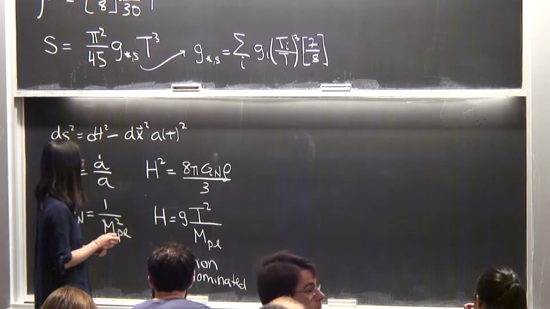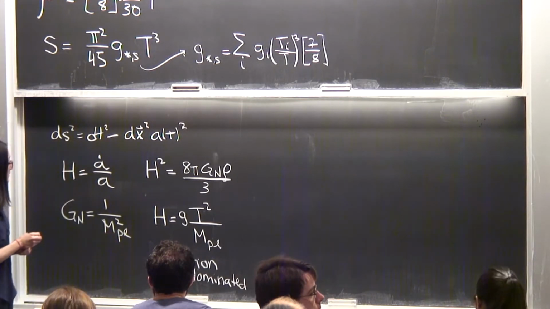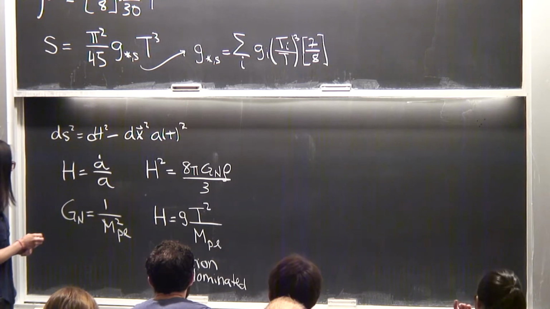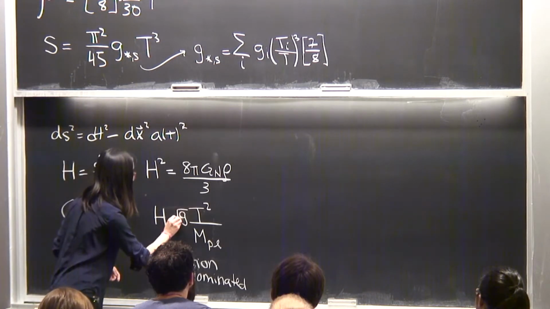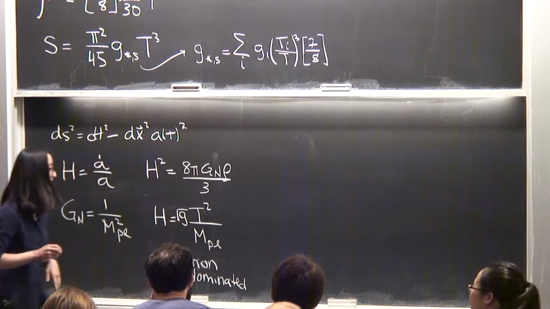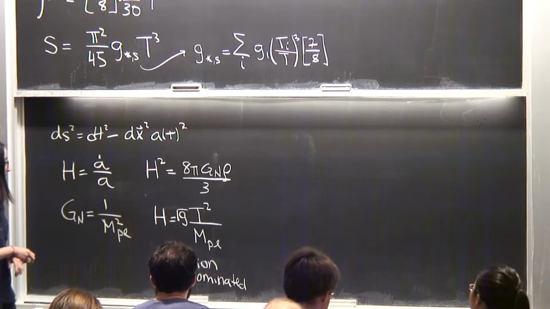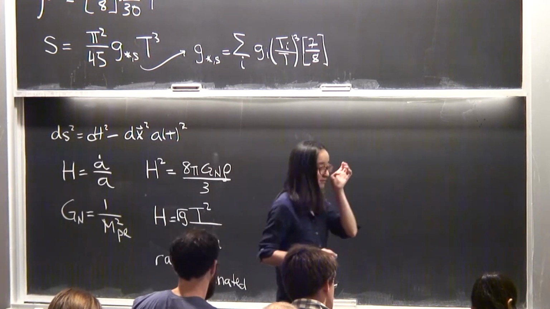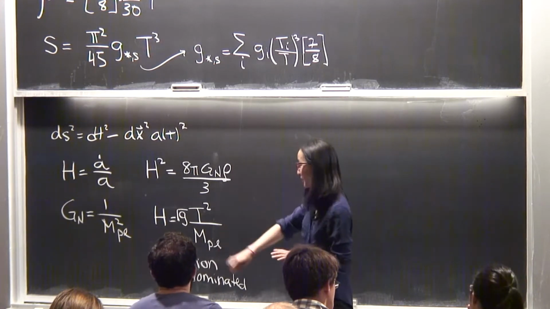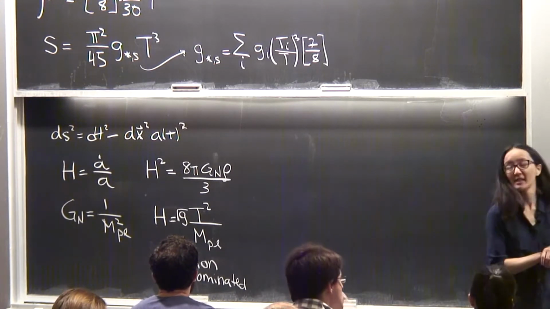I took the square root of rho, and there's an order one factor in front that's about 1, so forget about it.